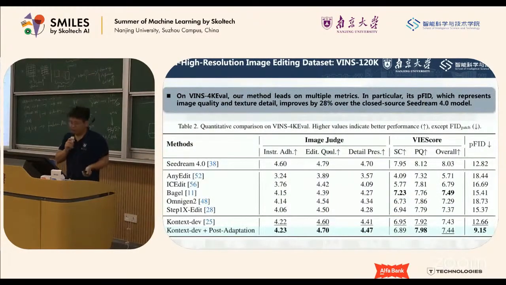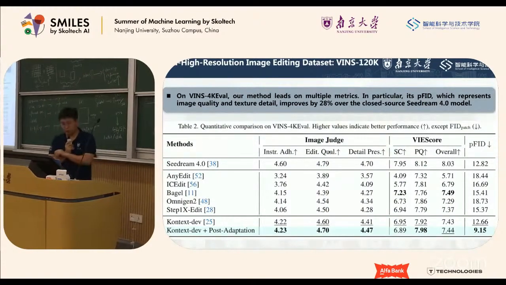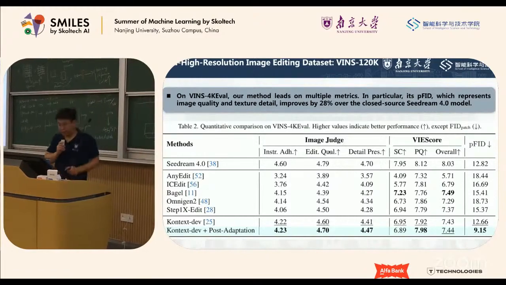On the Vince 4K evaluation benchmark, our method leads on multiple metrics. In particular, the PFID metric, which reflects the image quality and texture detail, improves by 28% over the closed source C-Dream model.